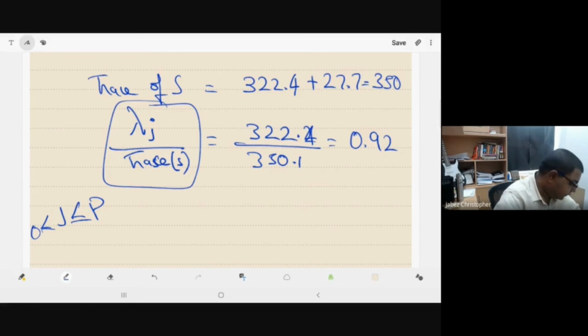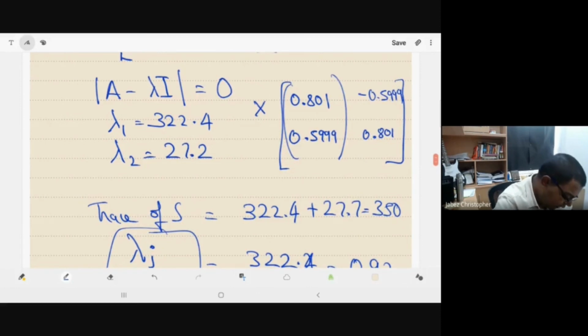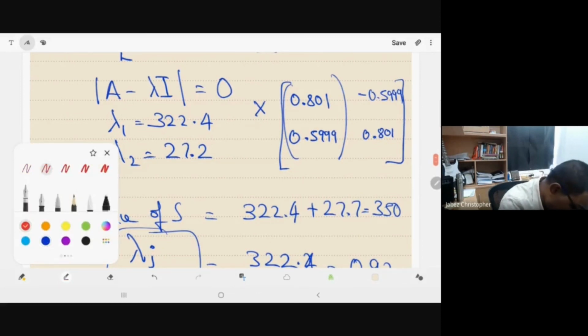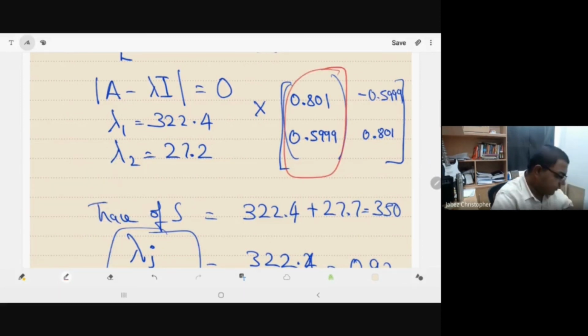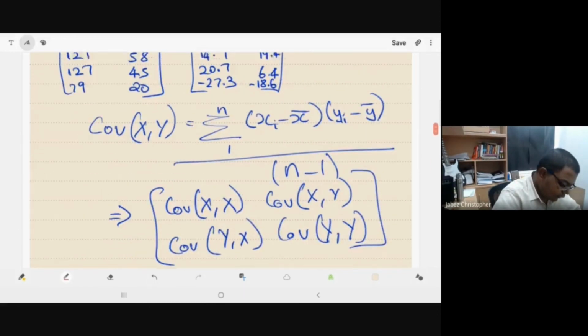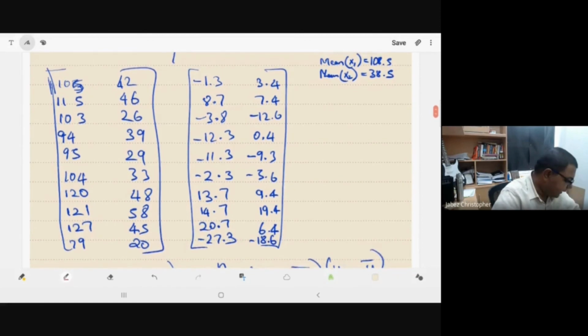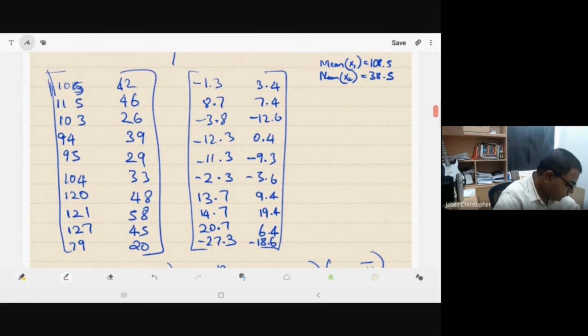So now, what is the eigenvector that we have got? We have chosen the first eigenvector. So this is my eigenvector, right? So what is my transformed data? This is my data, 1.3, 8.7.